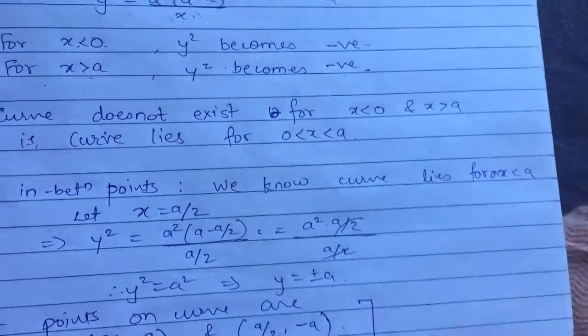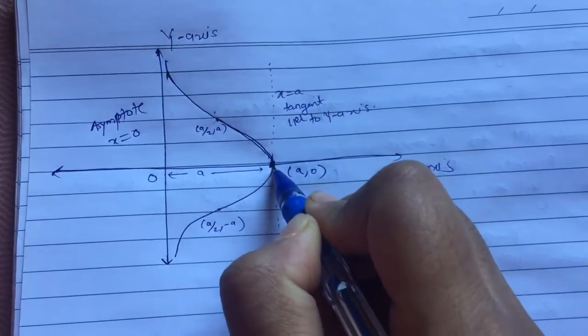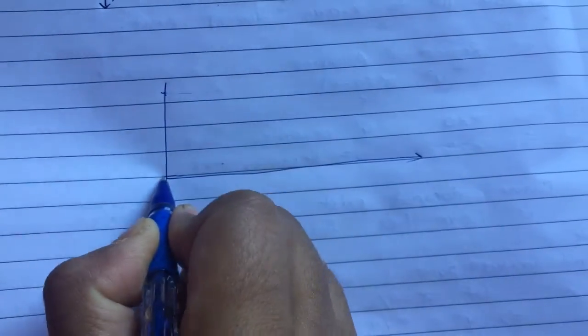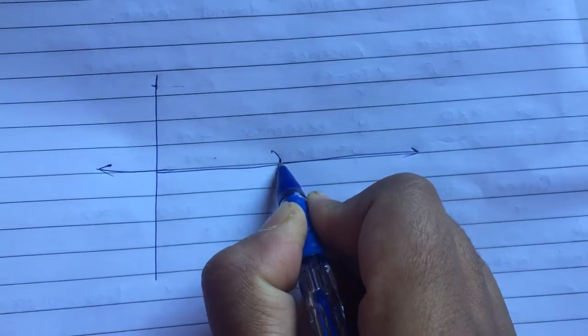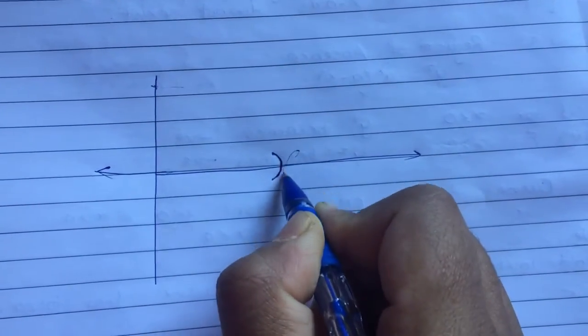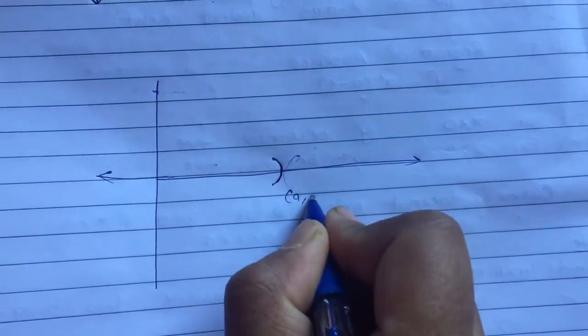So now see, plot this point. First we know that the curve intersects at (a, 0). So I will draw this curve again for you. Now the curve intersects at (a, 0), that means it will be like this. It cannot be like this because it doesn't exist beyond a, so it is at (a, 0).